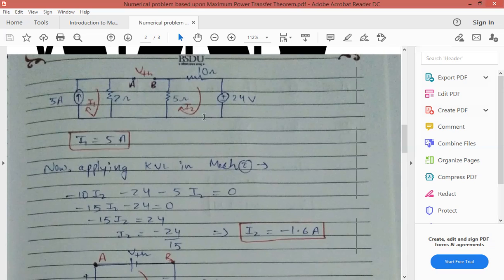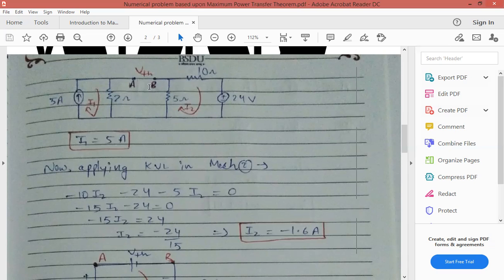Now we will apply KVL in mesh 2. We get the equation minus 10I2 minus 24 minus 5I2 equals 0. When we solve this equation, we get I2 equals minus 1.6 ampere.